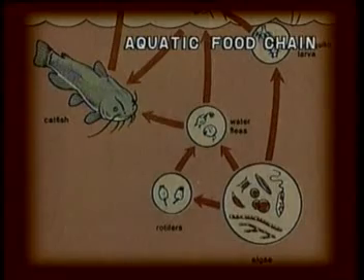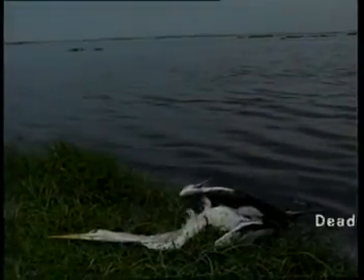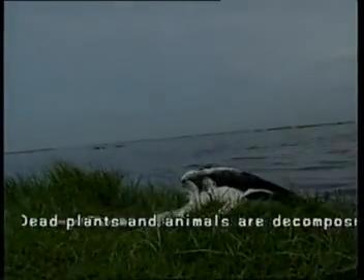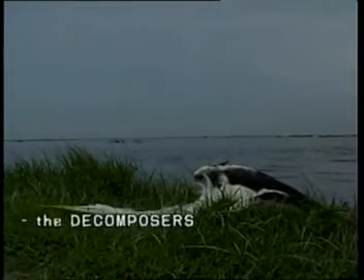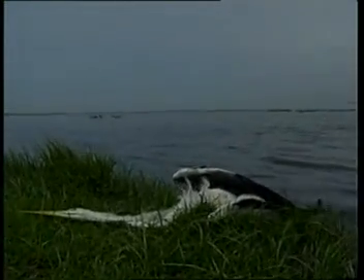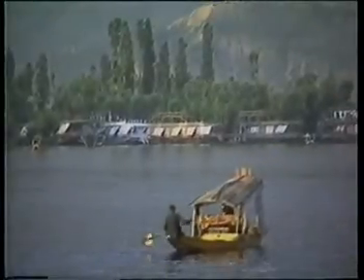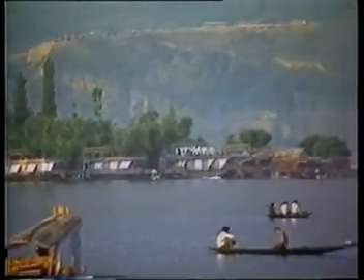Dead plants and animals are taken care of by organisms of the benthos. They are the decomposers and therefore release the nutrients for reuse in the lake. So, these interactions make the lake a self-sustaining unit, and the lake can be classified as an ecosystem in itself.